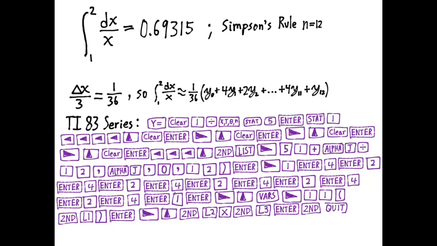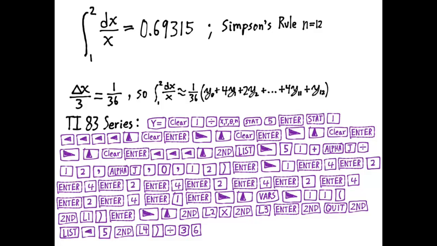So quit out of list editor mode and now choose list math option 5, which is sum, and we want to sum list L4, so hit second L4, which is second 4 on the keyboard, and then you want to divide the result by 36.